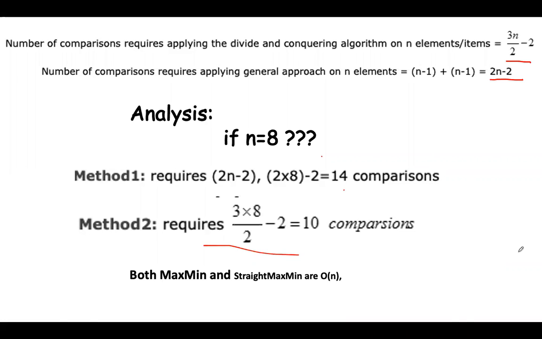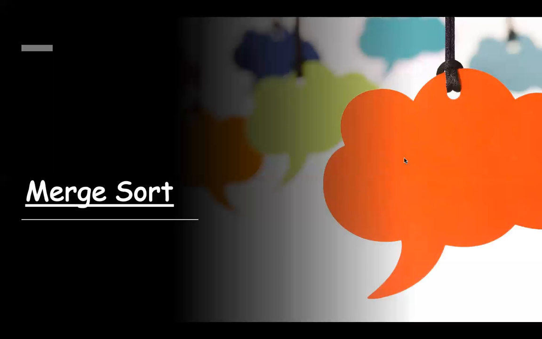For more n values, method 2, the recursive algorithm, will perform better. Based on that, you can tell. And the next algorithm is merge sort. I will not start this algorithm today. We shall discuss this algorithm in the next class.